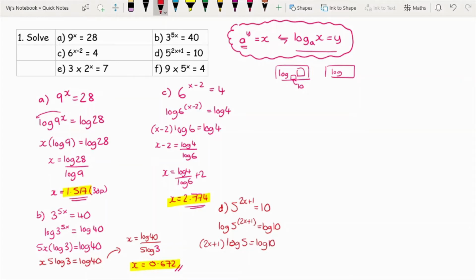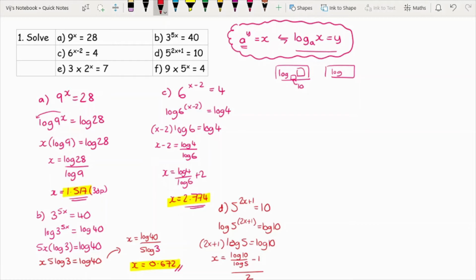And then we take the log 5 over to the side. So just to save a bit of time, I'm going to have my log 10 over log 5. Now for this, I'm going to have to take away 1 and then divide by 2.